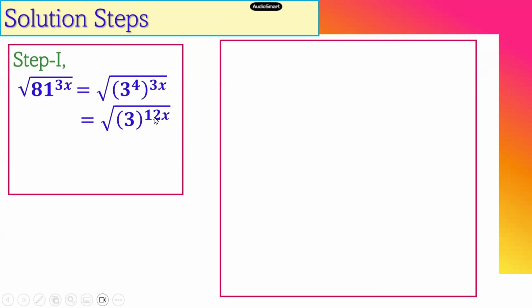Now 3 to the power 12x under a square root, so we have a power of half. So 12x over 2, which is 3 to the power 6x. So this is the first square root in the 3 nested square roots, and it is 3 to the power 6x.